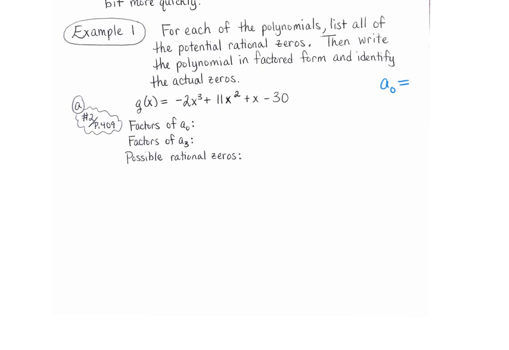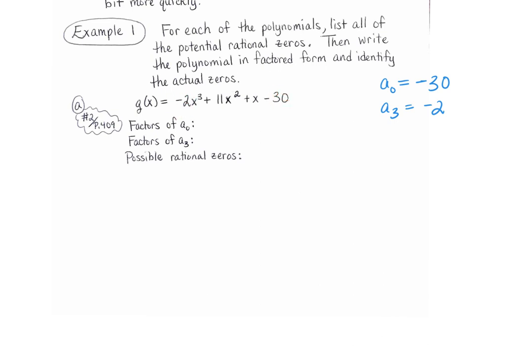Negative 30, very good. It's negative 30. What is the factors of a sub 3? Or not the factors, let me just ask, what is a sub 3? Negative 2, very good. So what you may just notice is that a naught is your constant term.